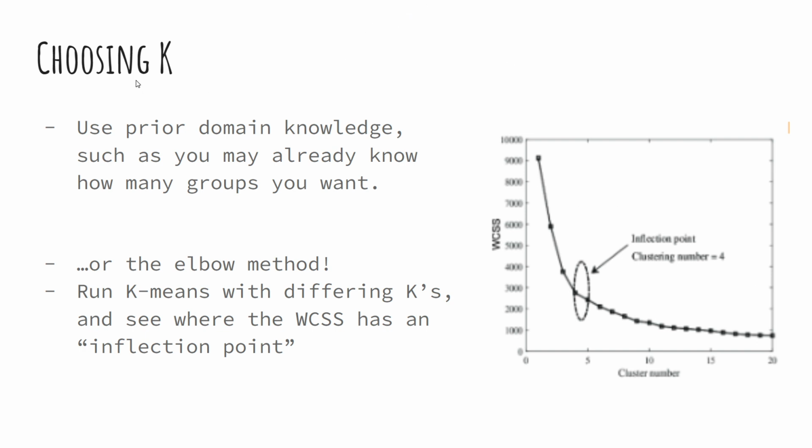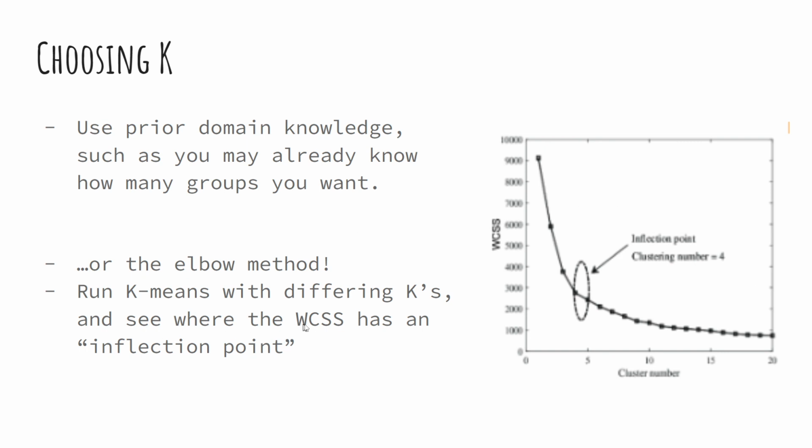If you don't have prior domain knowledge like that and you don't know how many clusters you should use, you could use what's called the elbow method. What we're going to do is run k-means with differing k's: k equals 1, k equals 2, k equals 3, all the way up to 20. Probably using the k-means++ algorithm, and then taking the average over multiple goes.